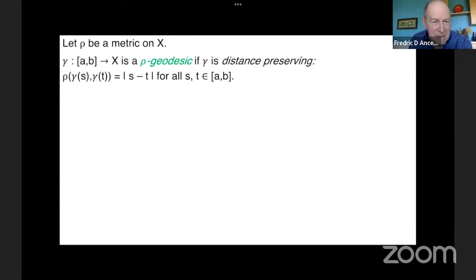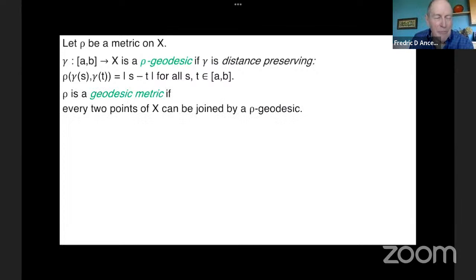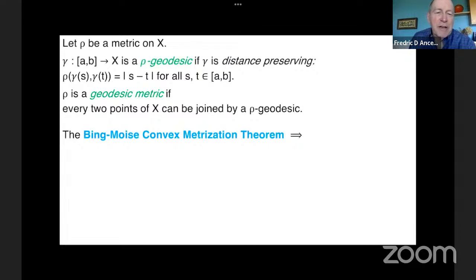And a metric is a geodesic metric if every pair of points can be joined by a geodesic. So, if you think about the circle in the plane, the metric inherited from the plane is not a geodesic metric because the distances are too short. But if you take the arc length metric on the circle, that is a geodesic metric.